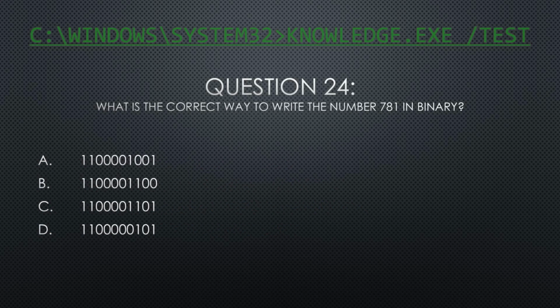Question number 24. What is the correct way to write the number 781 in binary? The answer is C. From right to left, the active bits correspond with the numbers 1 plus 4 plus 8 plus 256 plus 512, which equals 781.